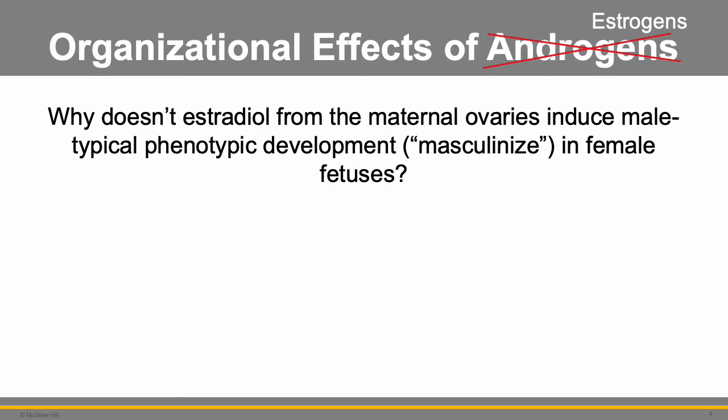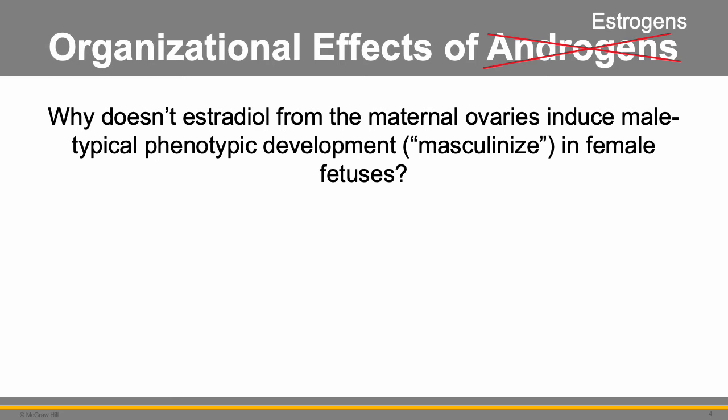And so what we see is that, as we've shown before, if you inject females with testosterone, especially during early development, they develop this neural architecture that more closely resembles typical males than typical females. We've also learned that it's not actually the testosterone that's doing this. All that testosterone gets converted to estradiol.